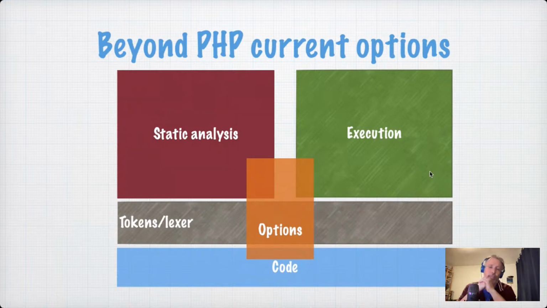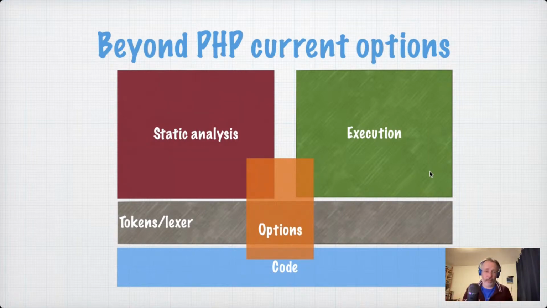And you have to consider that between the code that we write, which actually is not code by itself, it's just text, and execution, well, there's the tokenizer, but it's just a very specific use of the code. Static analysis here is kind of a different branch that does not lead to the same place, but it leads to different results. And the constraints between execution and static analysis are not the same.